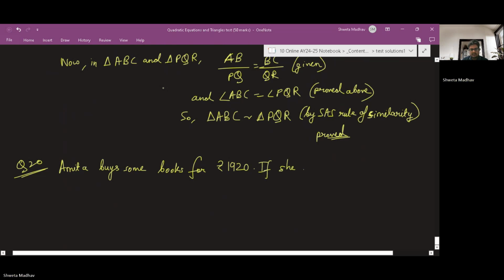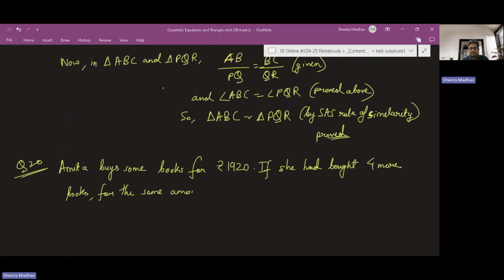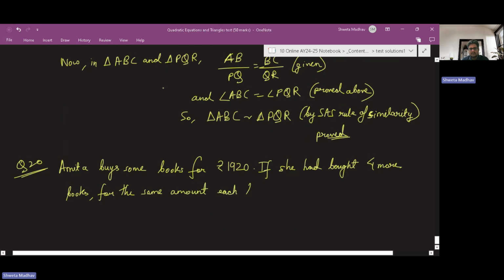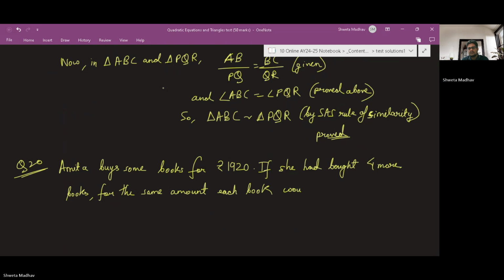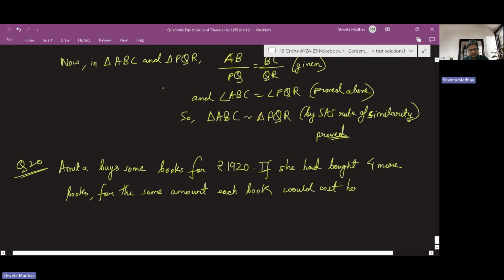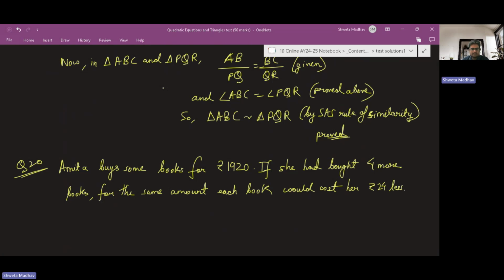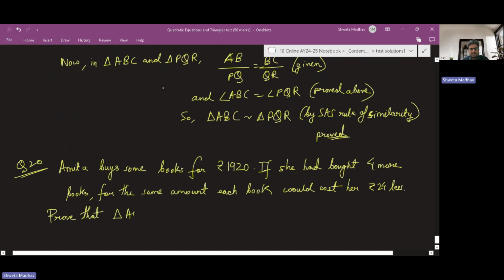If she had bought four more books for the same amount, each book would cost her rupees 24 less.